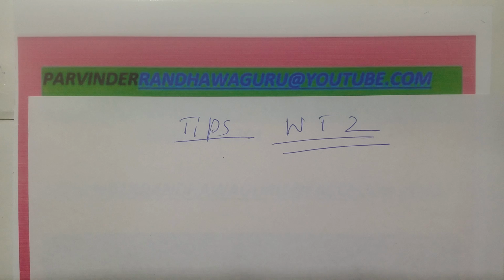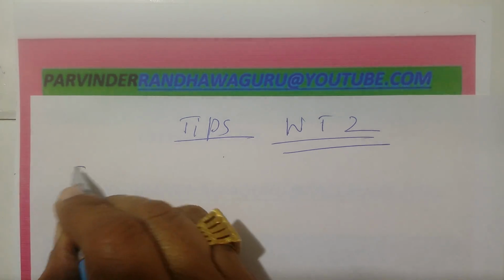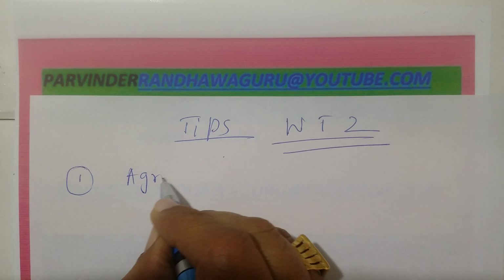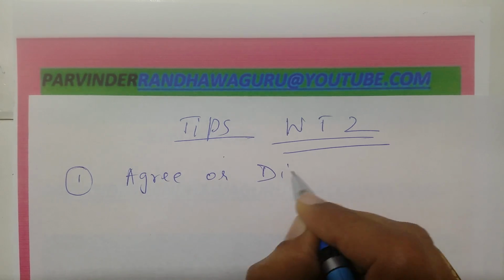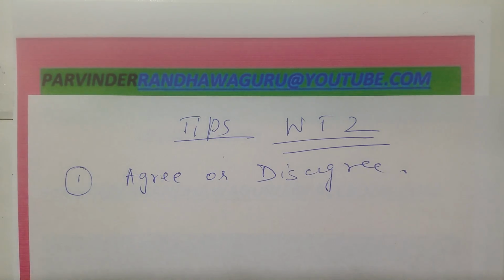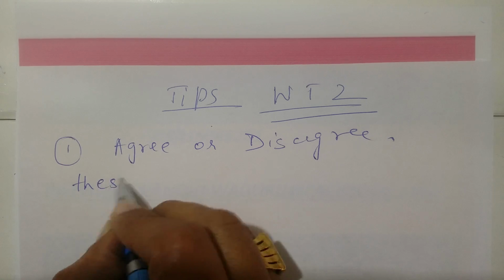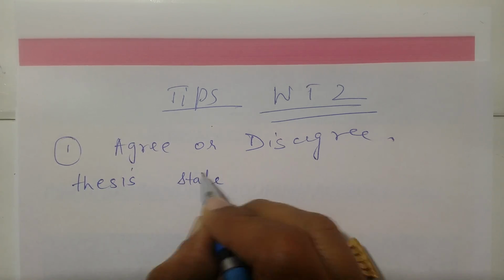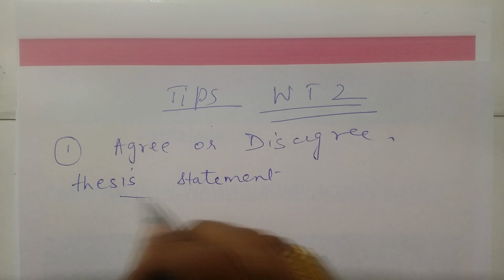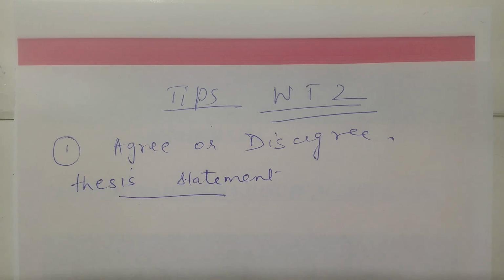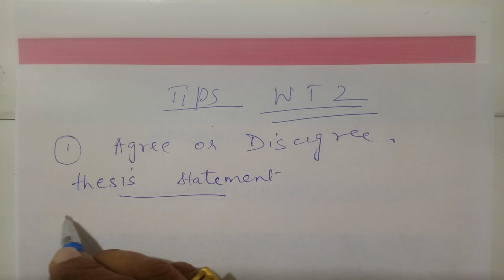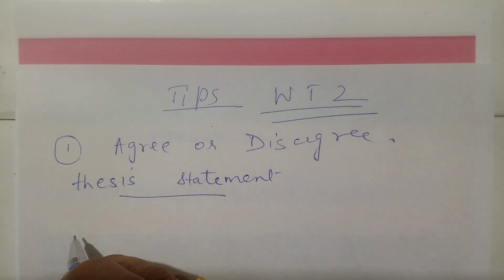If writing task 2 is based on agree or disagree, this type of essay demands from you the thesis statement. Agree, disagree. Now, what other types of essays?